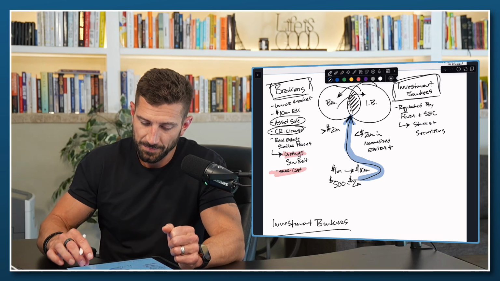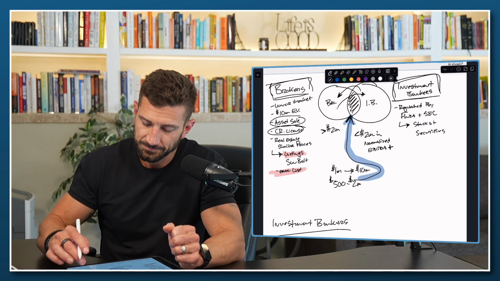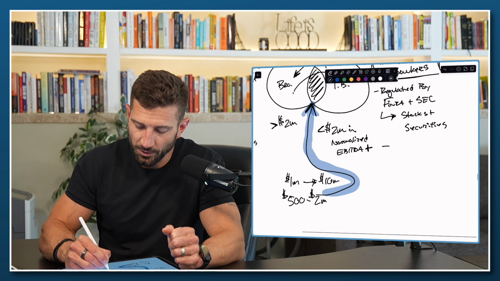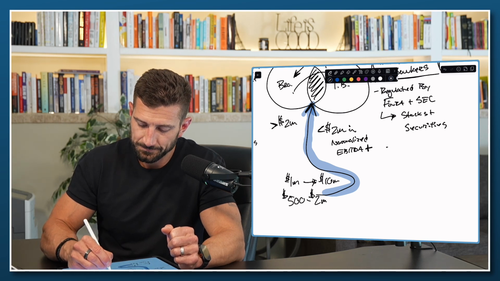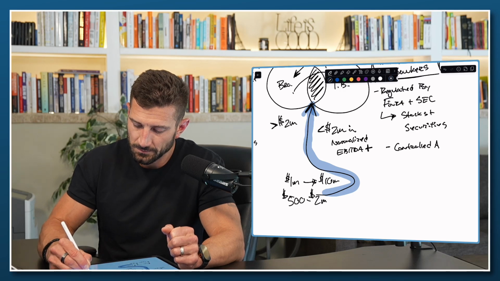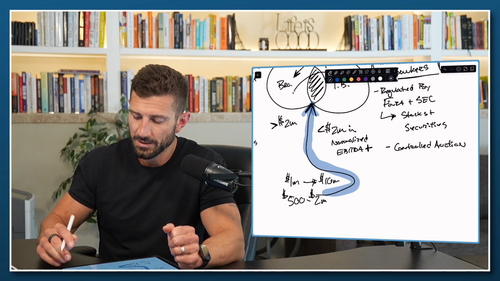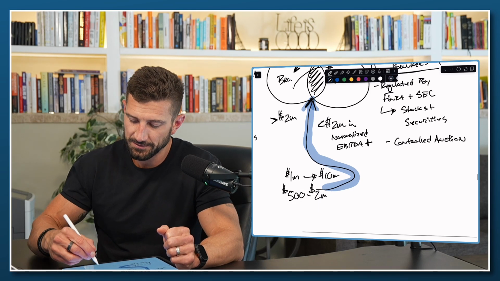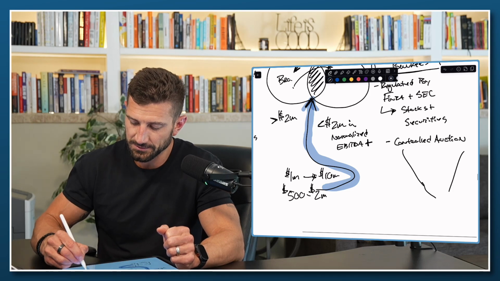Over on this side, they run what is called a controlled auction.